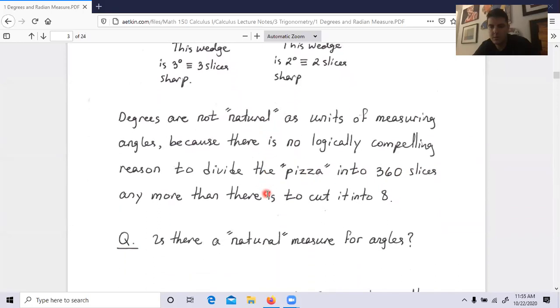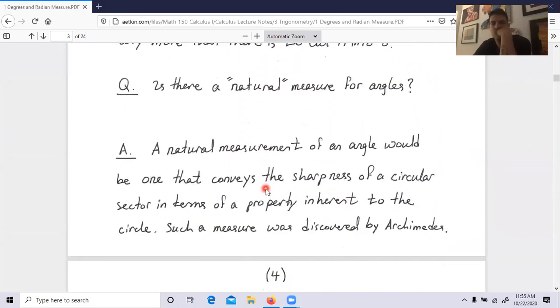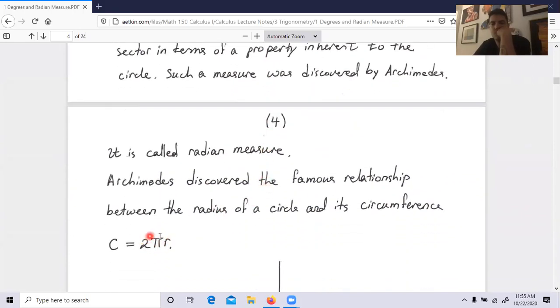Good. And then the next question is, of course, is there a natural measure of angles? And that happens to be the radian measure. So Archimedes discovered the following property, that the circumference of the circle is 2 pi r. What does it mean, guys? It means that the circumference is 2 pi multiplied by the radius.